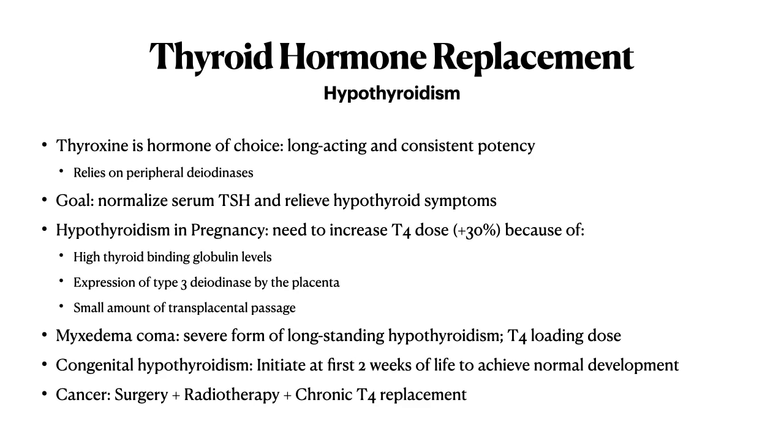So, in congenital hypothyroidism, you initiate T4 replacement at the first 2 weeks of life to achieve normal development. So, in babies who at birth have poor functioning thyroid gland, you need to start providing these babies with hormone replacement at the first 2 weeks.